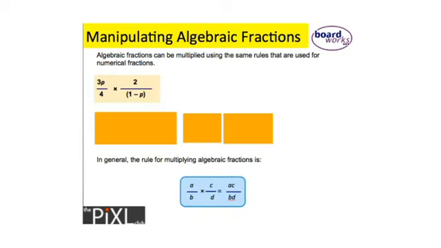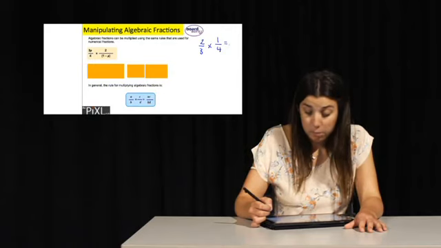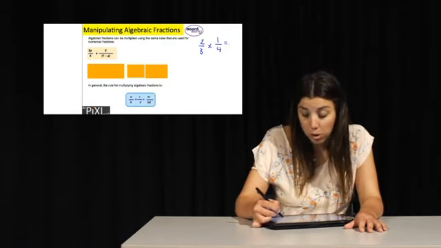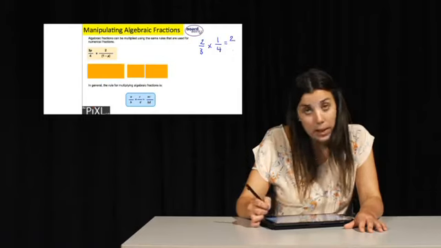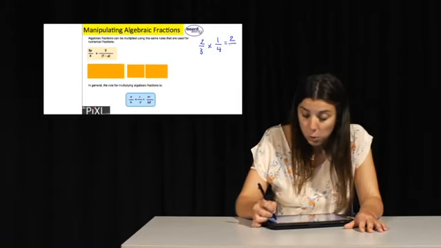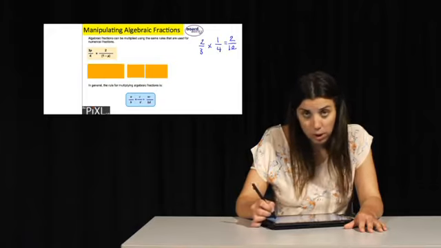So if we had a fraction, 2 over 3, multiplied by 1 over 4, our rules of fractions are simple. When we are multiplying, we multiply our numerators, 2 times 1, 2, and we multiply our denominators, 3 times 4, 12. And that's our answer.